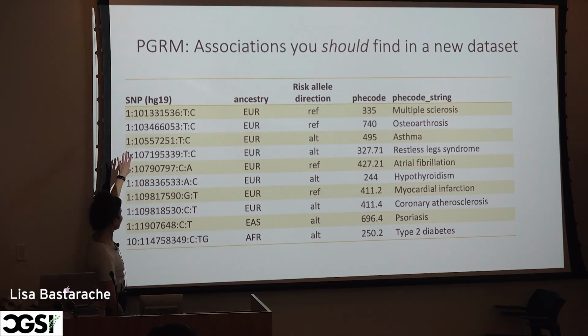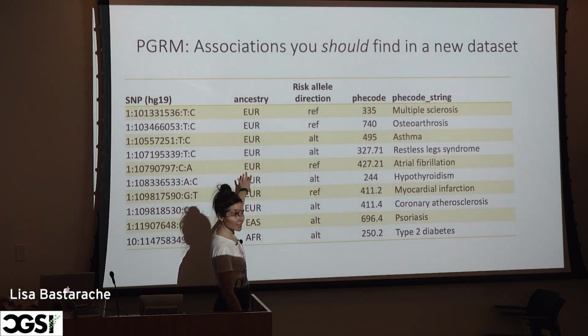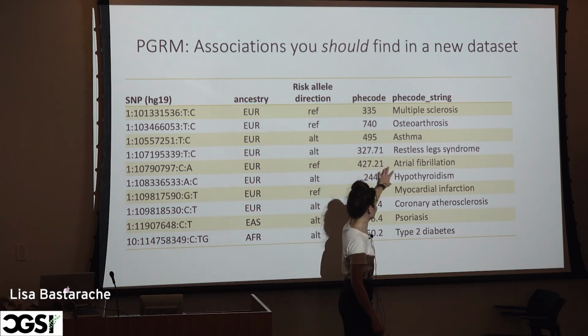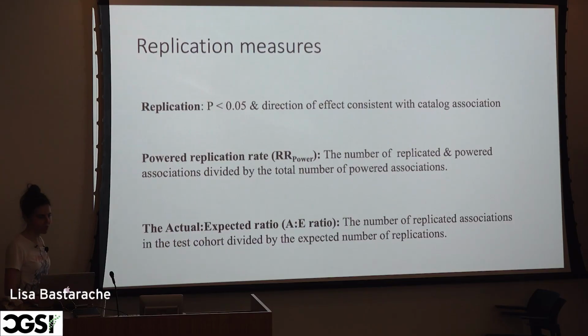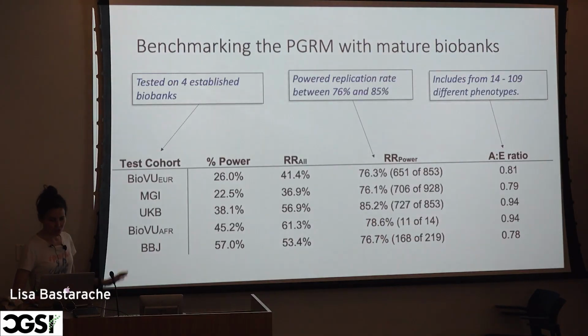We encoded all of the SNPs in hg19 and hg37 as well. We encoded the ancestry of the discovery cohort, did allele direction, and mapped everything to Phecodes. These are associations that you should be able to replicate.